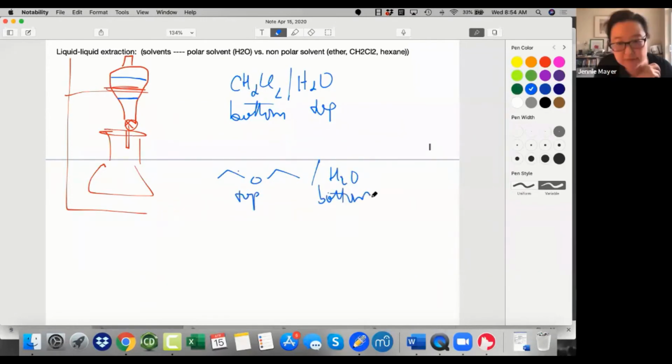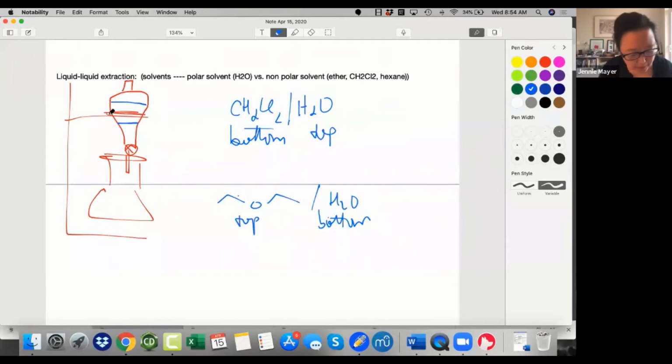You really just have to predict based on density. Of course, if you have a lot of stuff dissolved in the solvent, that changes its density and you can have a reversal as well. Just FYI, this is how you know. So let's say we have water on the top layer and methylene chloride on the bottom layer.